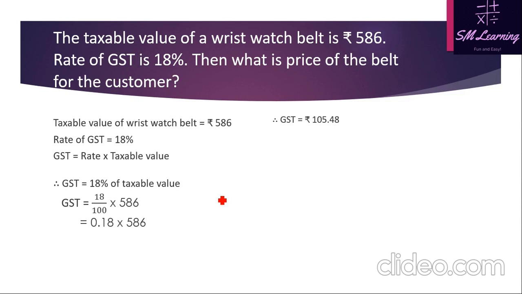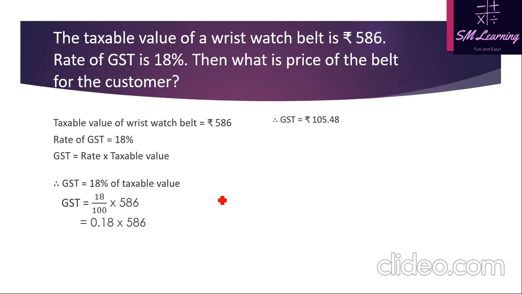We need to find the price of the belt for the customer. Now understand this, students. The customer is buying that wristwatch belt. So how much amount will the customer pay? The customer will pay the taxable value, plus he will be paying the amount of GST.